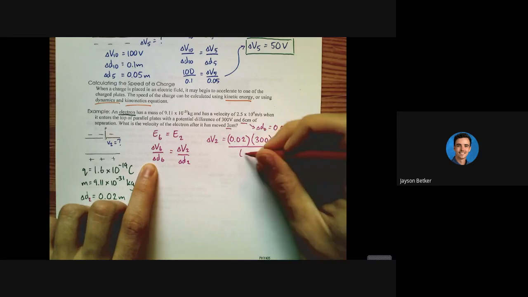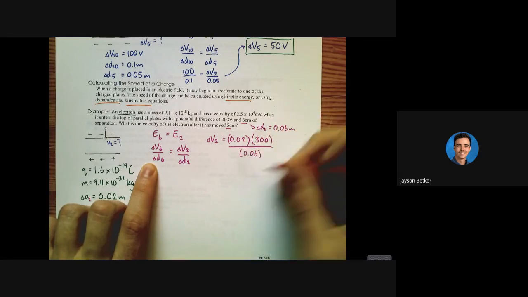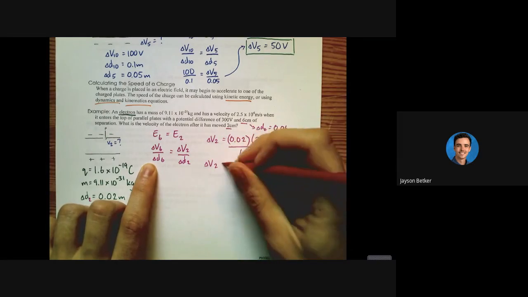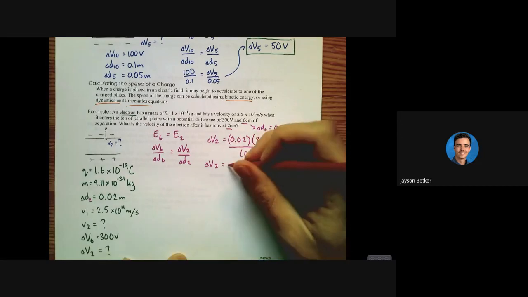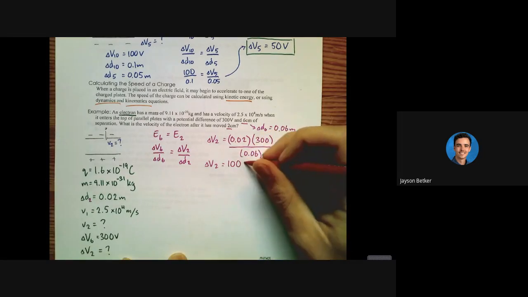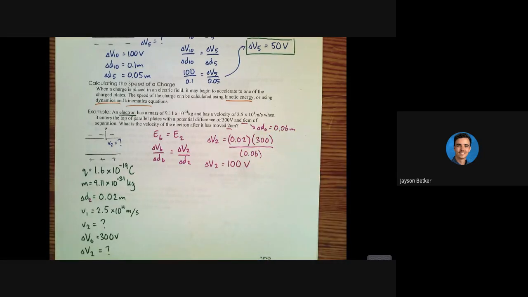So delta V2 is equal to 100 volts. If we plug that into our calculator, we get 100 volts.